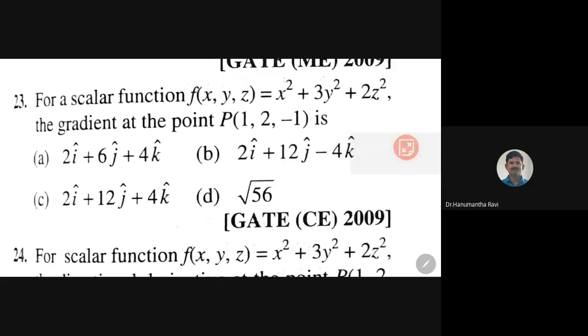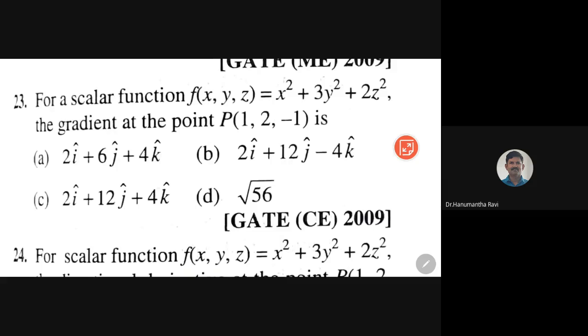So f of xyz is x square plus 3y square plus 2z square.